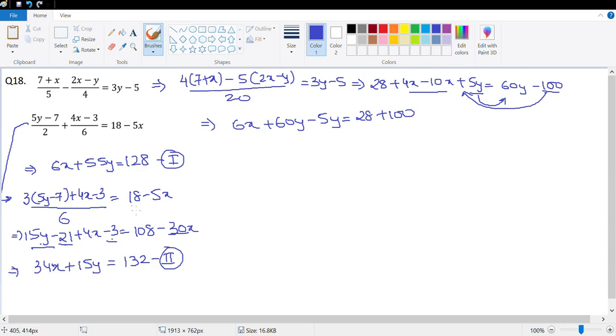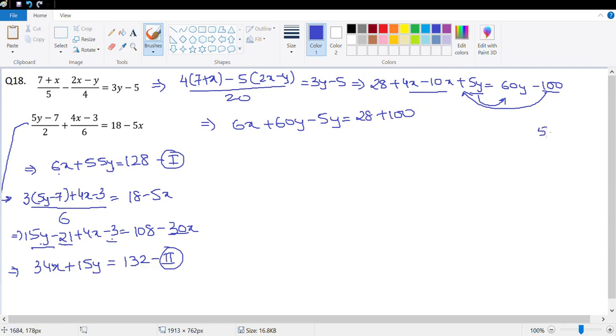So now either I make the coefficients of x equal, which means the LCM of 6 and 34, that's 2 into 3 into 17, which means I multiply the first equation with 17. Let's look at the factors or equate the coefficient of y instead. That's 55 and 15.